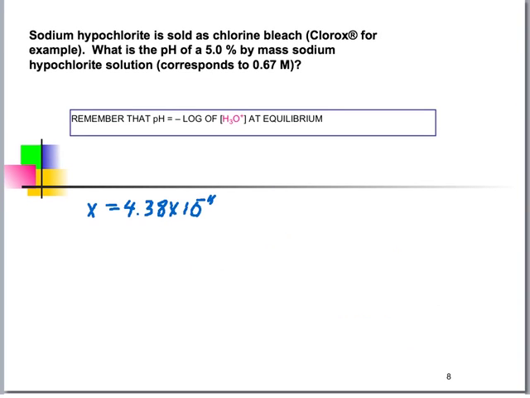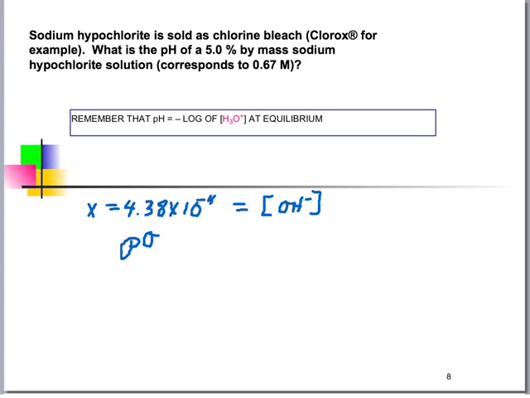And last but not least, we have to realize that even though we've solved for x, we aren't finished. What is x? Going back and looking at the ice table, you see that x is not H3O+. This one was forming OH-. This is actually the OH- concentration. So we need to calculate pH from that.